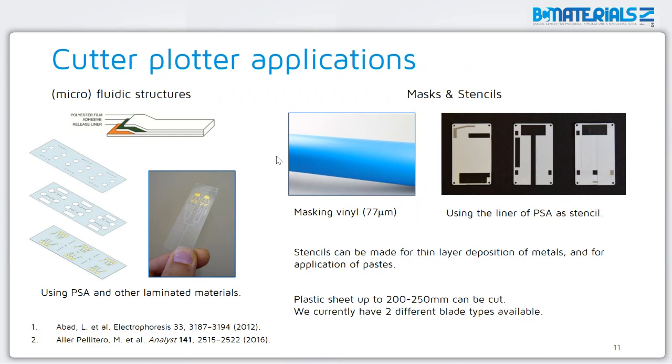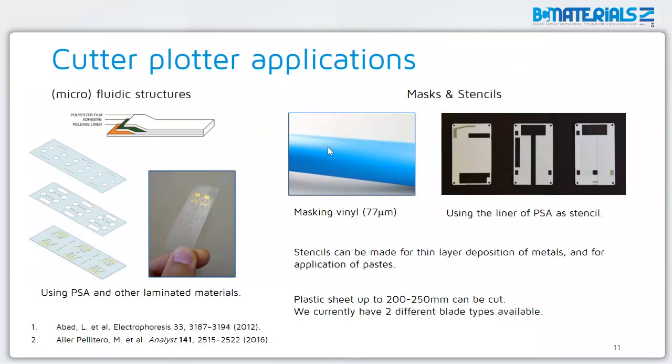Another very useful thing that the cutter plotter will allow you to do is to make masks and stencils. For this you can do at least 2 things. We've bought masking vinyl. This is a blue vinyl that you'll find in the lab near the cutter plotter. It has a very soft, very mild adhesive. So you can cut your stencil, then place the vinyl on your substrate and do whatever you need to do.